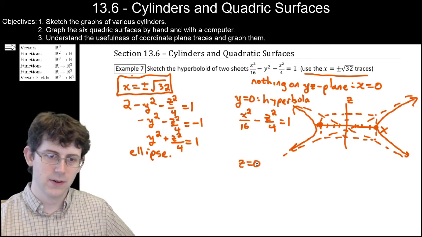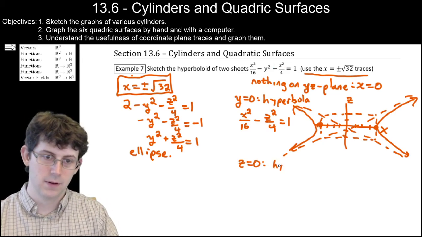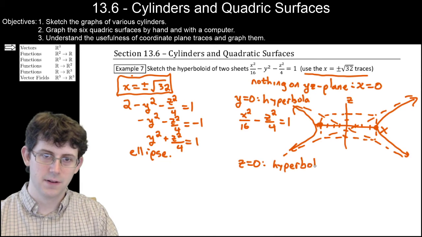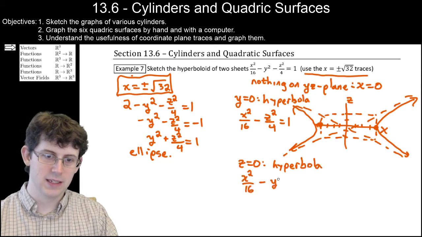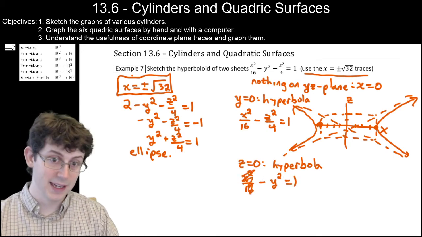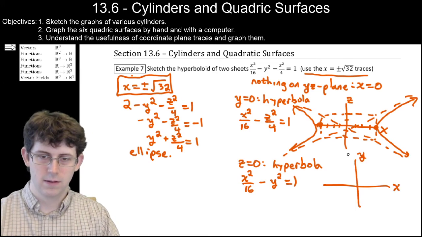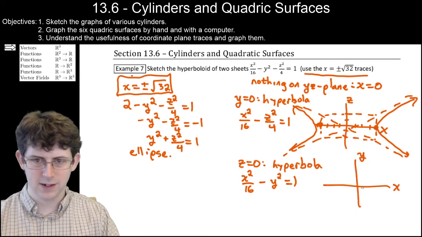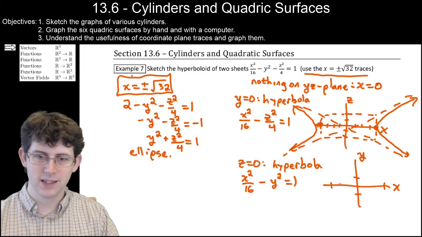When z equals 0, that's also a hyperbola. One positive and one negative. It's x squared over 16 minus y squared equals 1. And again, if I let x be 0, I get nothing, but y equals 0 puts me out at 4 and minus 4.